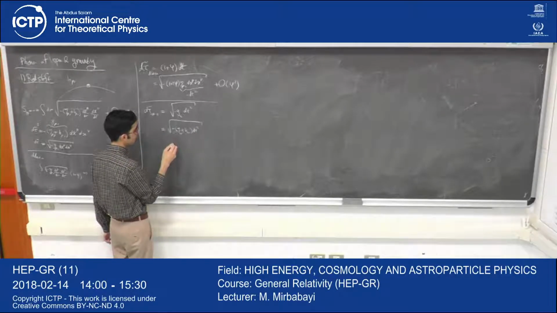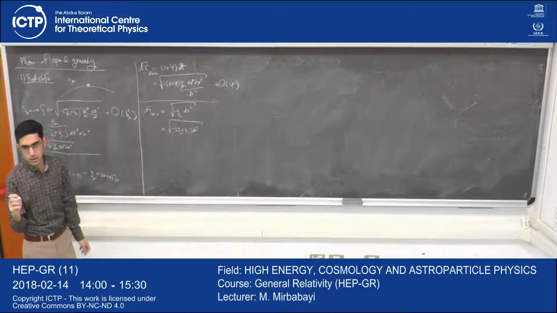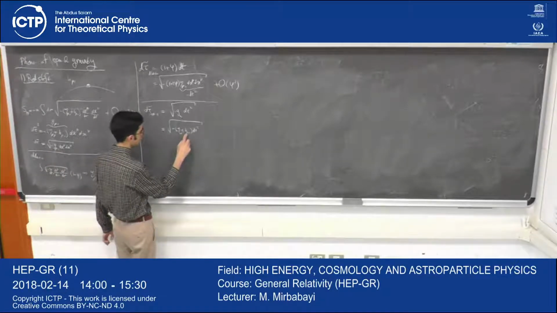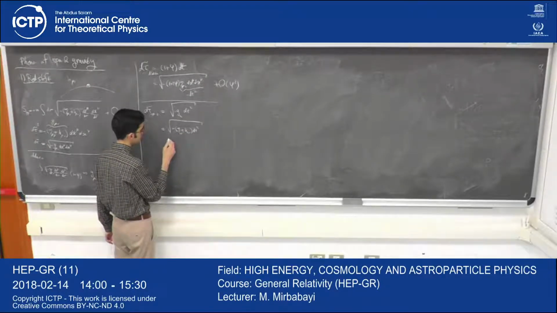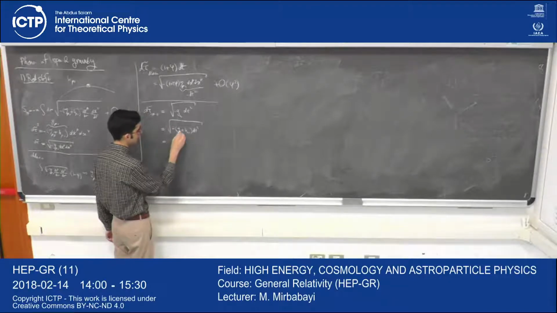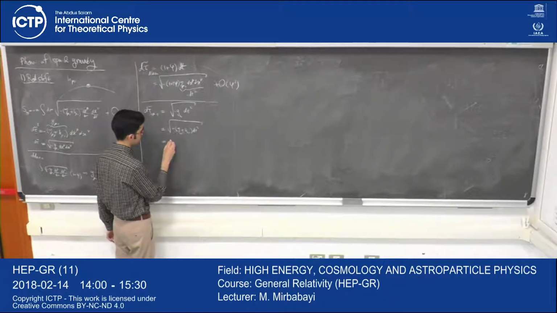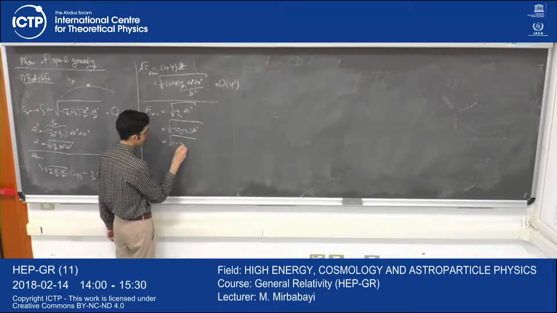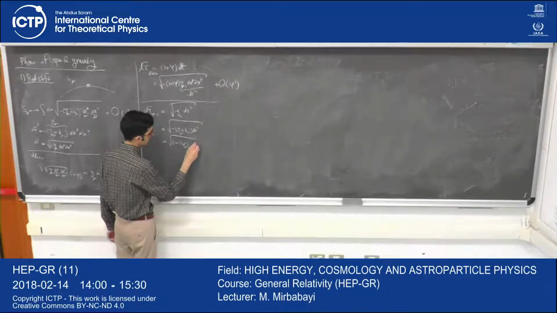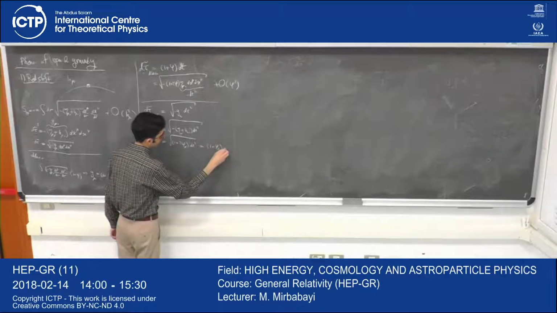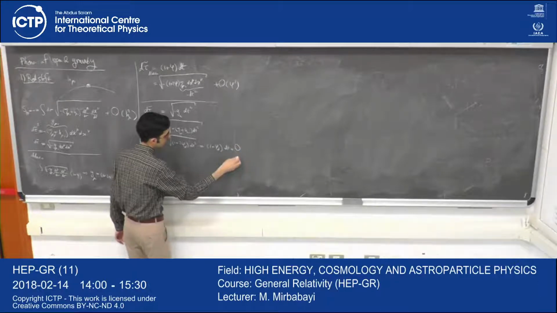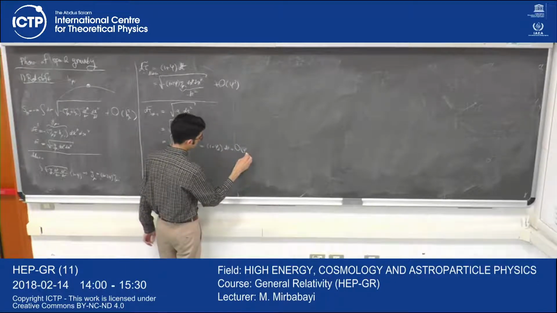But if you are considering weak fields, then we saw yesterday that h00 is going to be minus 2 phi. So this, and eta 00 is minus 1. So this is nothing but the square root of 1 plus 2 phi Newtonian times dt squared, which is 1 plus phi Newtonian times dt plus order phi squared.